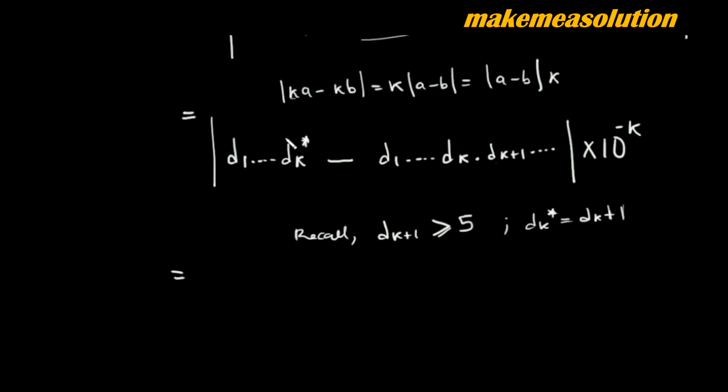So they are actually in essence trying to tell me that this dk asterisk is just 1 unit more than this particular one, in such a way that, assuming this number is something like 5 6 7 8, that's the rounded up version, then this one will be like 5 6 7 7. Is that okay? Because you have rounded these digits to the kth decimal place depending on the value of this guy over here, and we are assuming that he's bigger than or equal to 5.